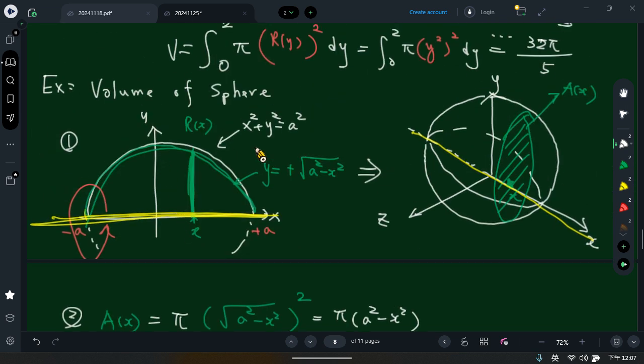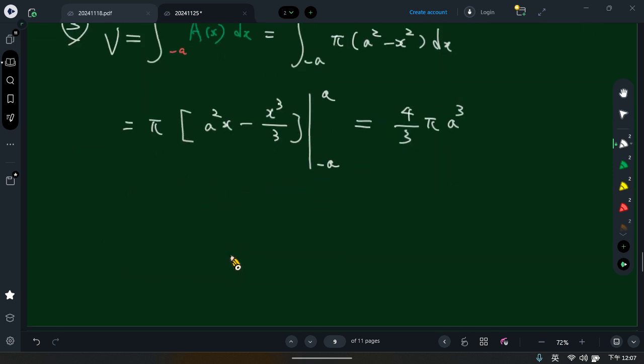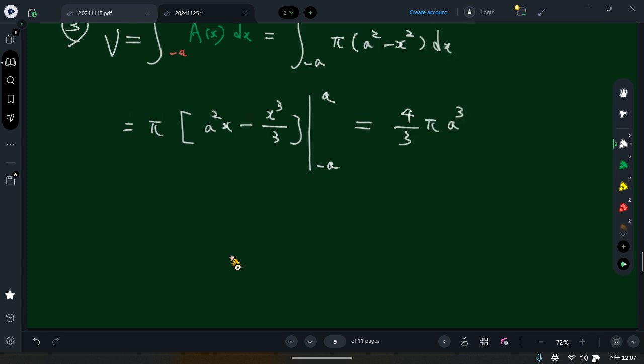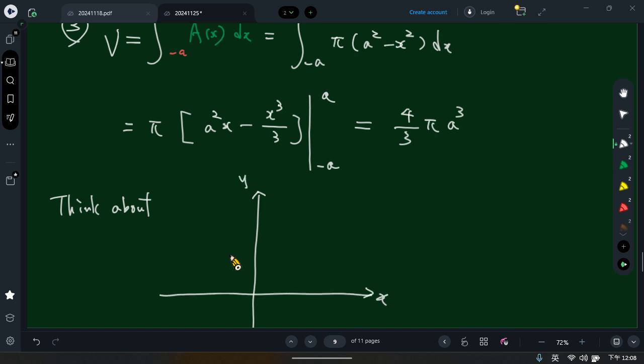Okay, but do you also think about it? If I use this, just imagine it. Just think about whether you can also do this. This is y, and in the past we just focused on this part, right?